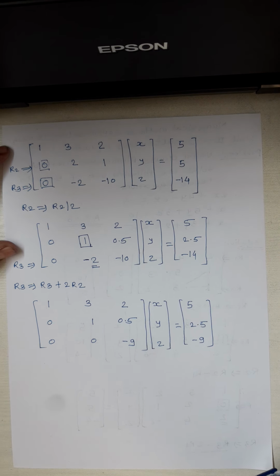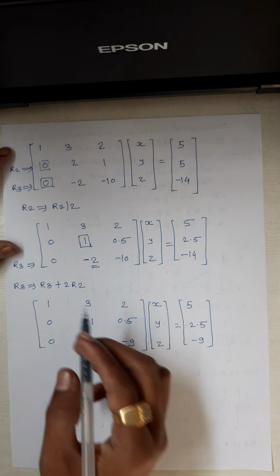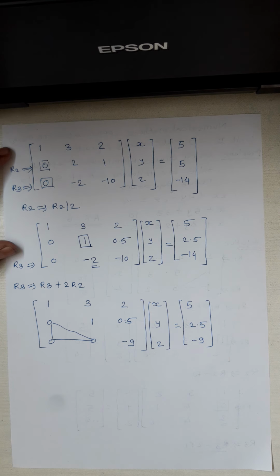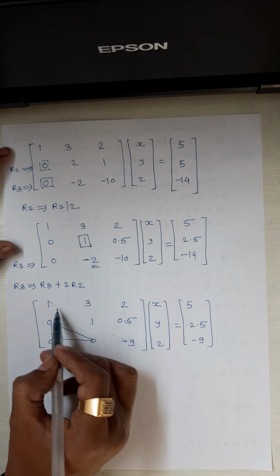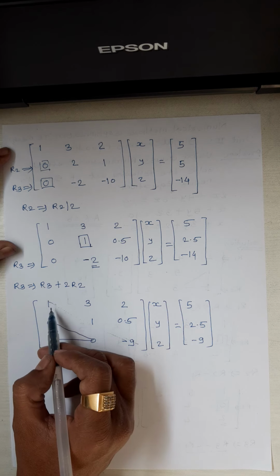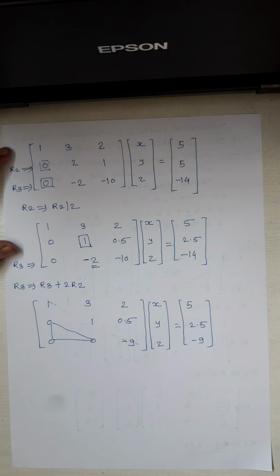Minus 9. So in this way we have to convert this matrix into upper triangular form, means below the diagonal, these are the diagonal for this matrix, below the diagonal we convert elements into 0.